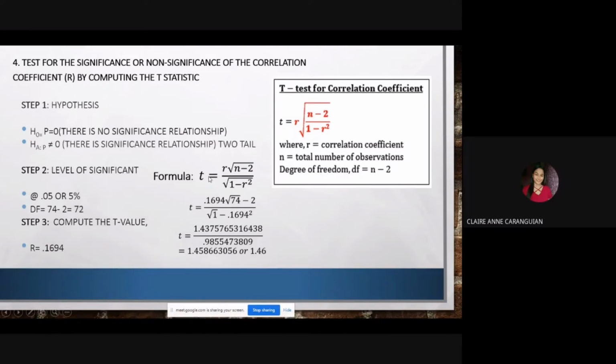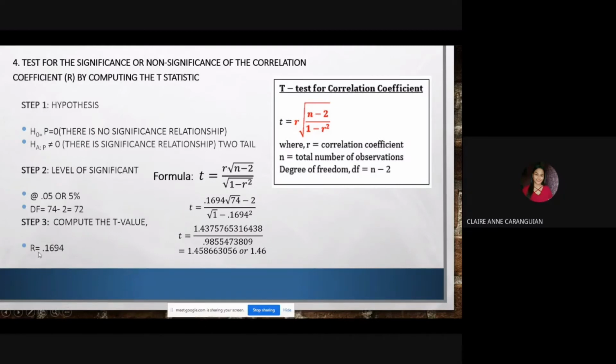Yung formula ng t-value natin is t is equal to r square root of n less 2 all over square root of 1 less r squared, where r is correlation coefficient, n is total number of observations or number of sample, and df is degree of freedom.